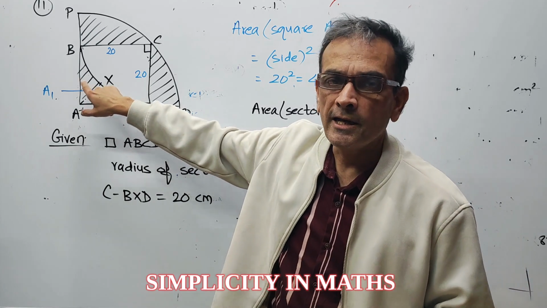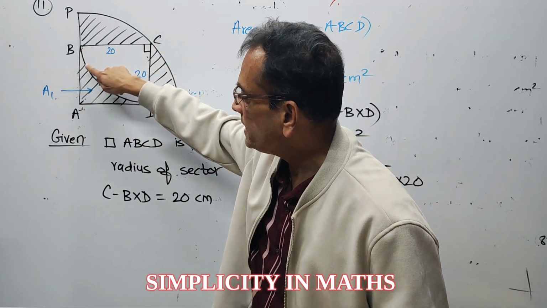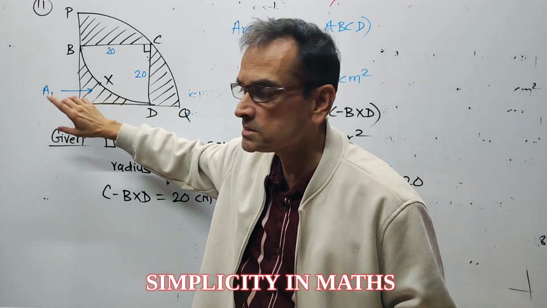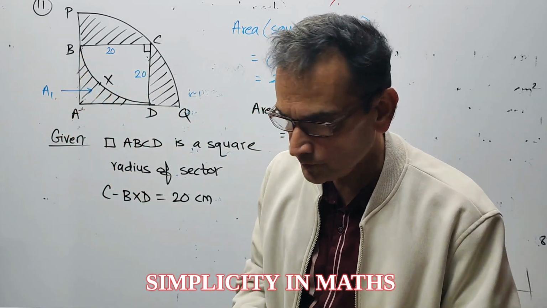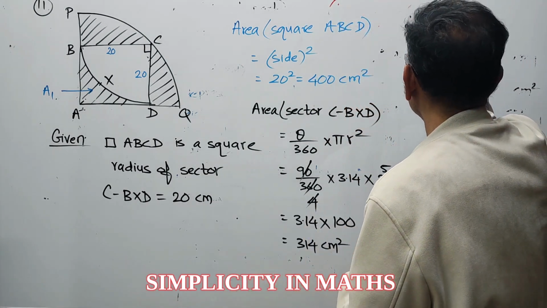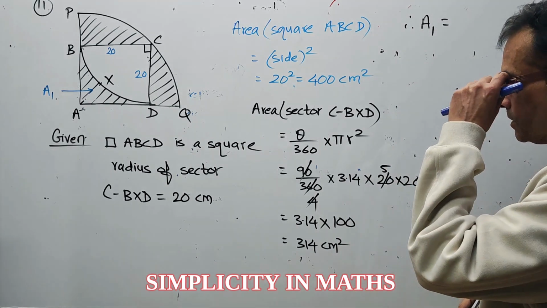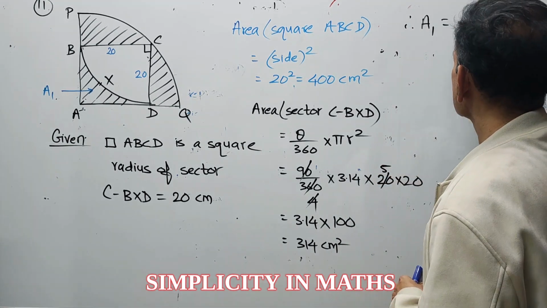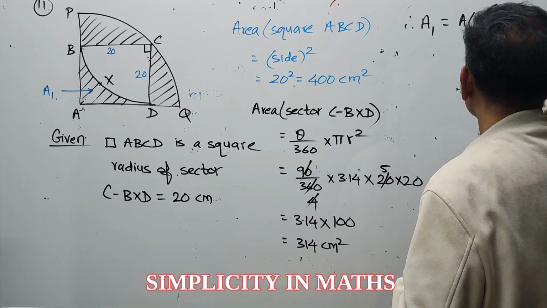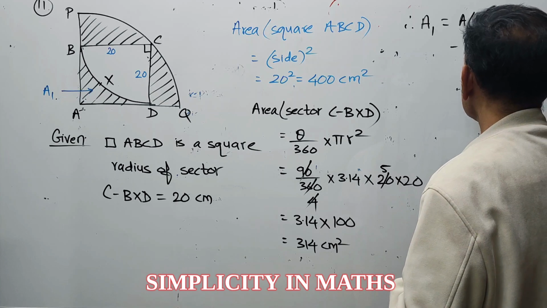Now simply, the area of the shaded part will be area of the square minus area of the sector. That is area of shaded part A1. We are getting only this part. I'm writing directly, therefore A1 equal to area of square minus area of sector.